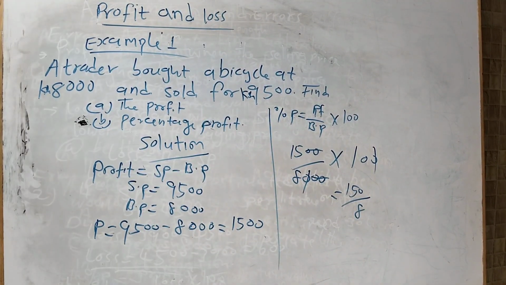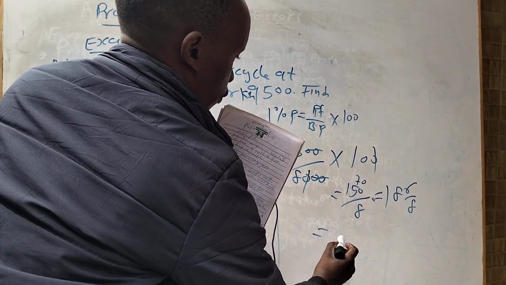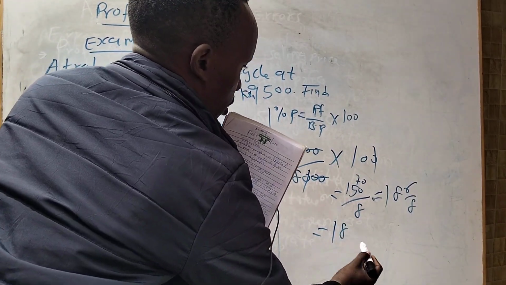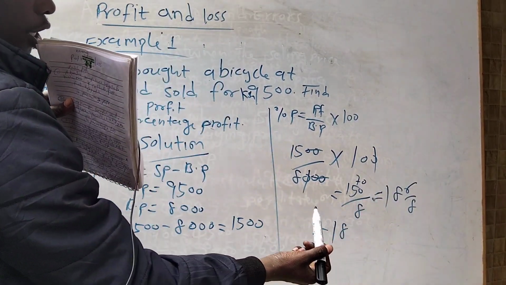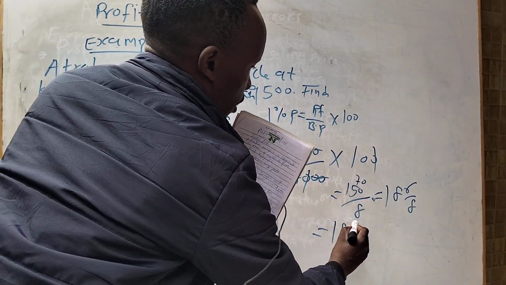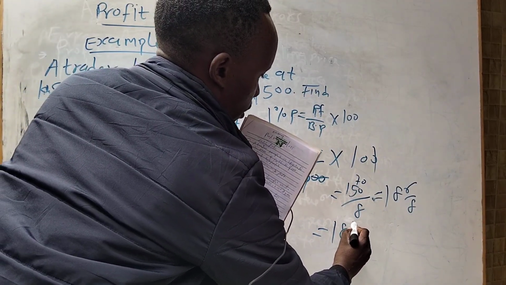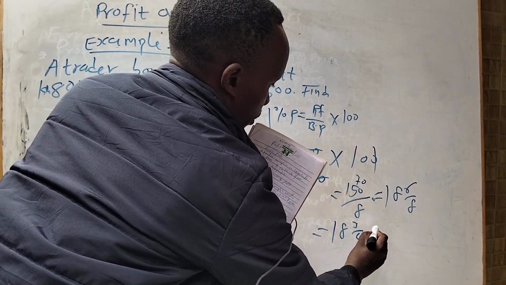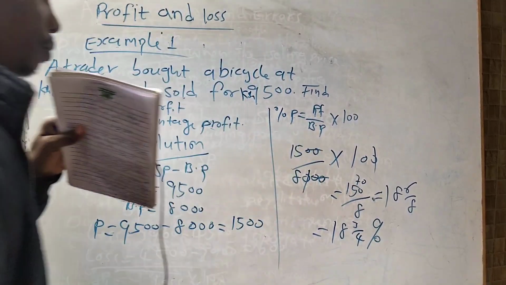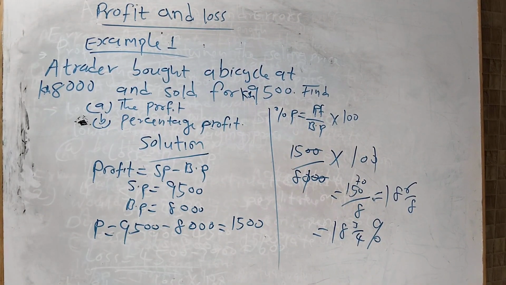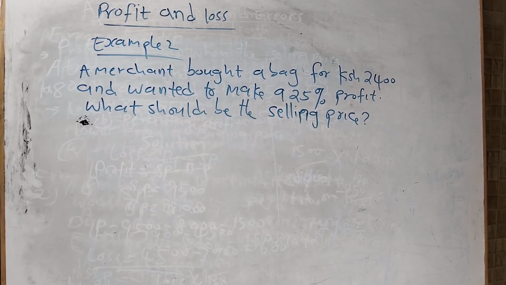So the percentage profit will be 18.6 and 8 can be simplified to get 3 over 4%. That's how we find the percentage profit of that trader.